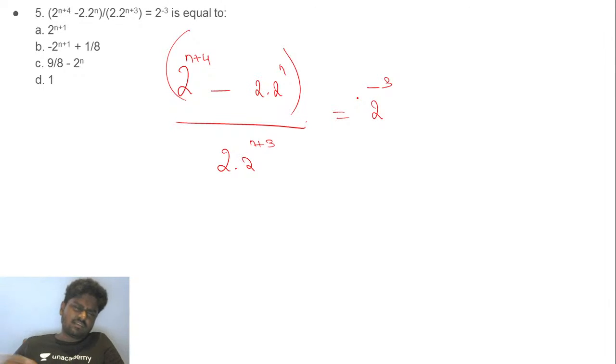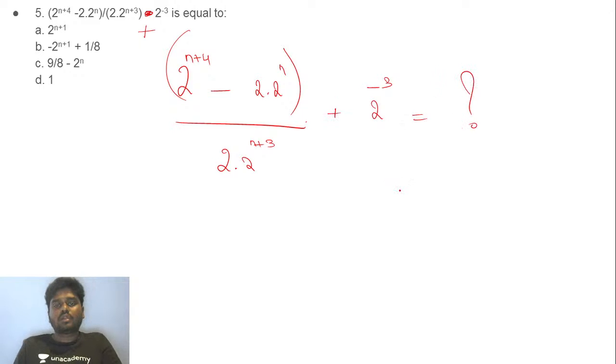Guys, I think there is a mistake in the question. Okay, really sorry. There is a printing mistake in the question. It should not be equal to 2 power minus 3. It should be plus. It is plus. So you need to find what this one equals to. This is what you need to find. Kindly change it.